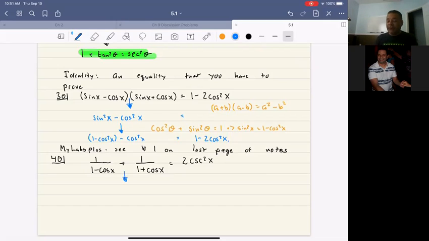First thing I'm going to do is combine the fractions. Common denominator of 1 minus cosine x times 1 plus cosine x, which is, of course, 1 minus cosine squared of x.